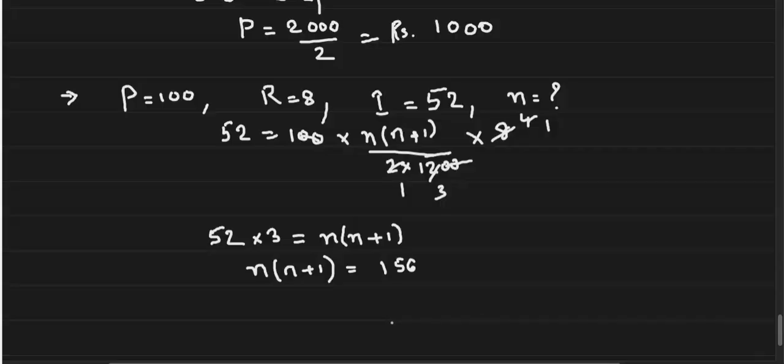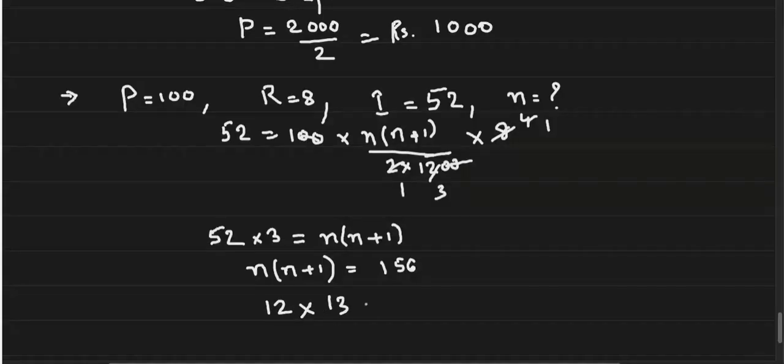156. How will you get the N value? You can get it by multiplying out, N square plus N, factorization, or by the hit and trial method. Two consecutive numbers multiplied by each other should give you 156. What are those consecutive numbers? 10 into 11, 12 into 13, 13 into 14, all these you can check.